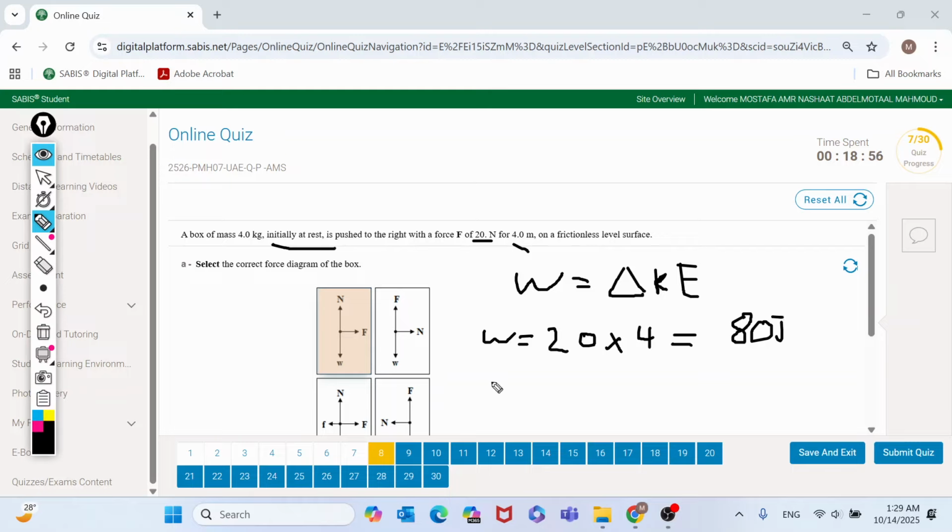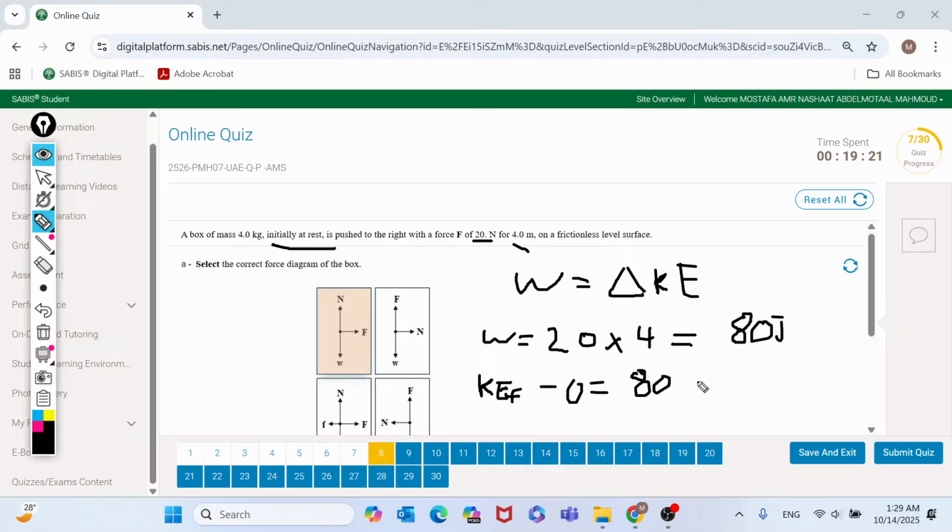Also, delta kinetic energy is kinetic energy final minus kinetic energy initial, which is at rest, so minus 0, equals 80.